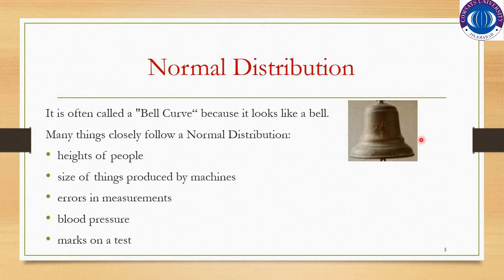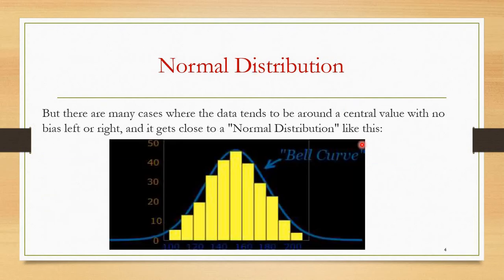So this is the bell, and you can see that it is similar to the shape of the curve of the normal distribution. It is often called a bell curve because it looks like a bell, like this.